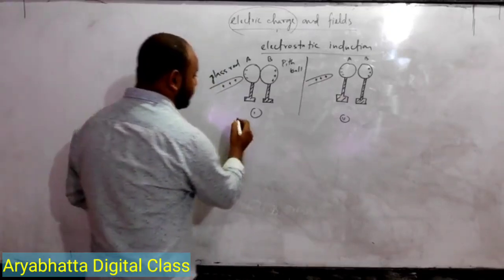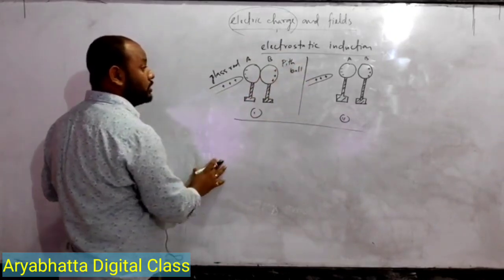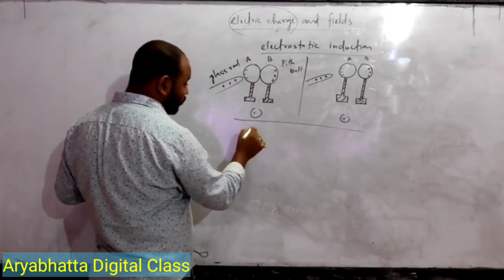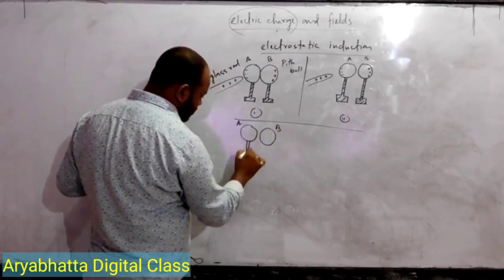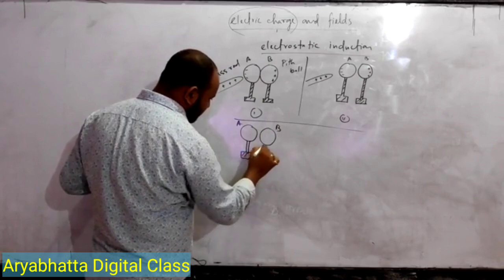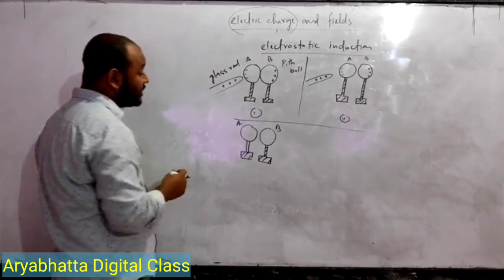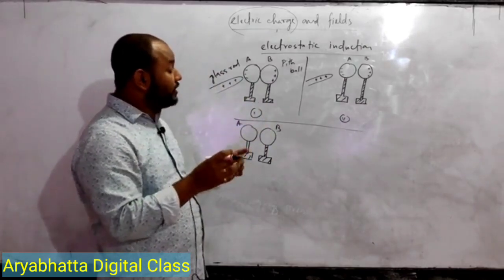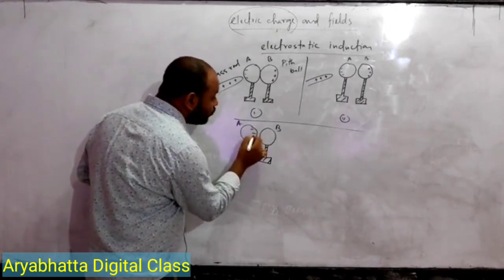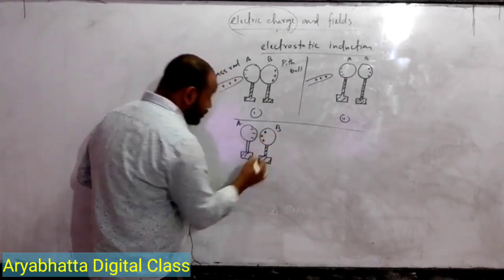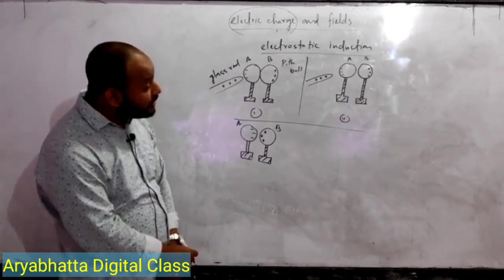And in the third diagram, you just remove the electrified glass rod. When you remove this electrified glass rod, the positive and negative charges will try to recombine, because I am removing the electrified glass rod.